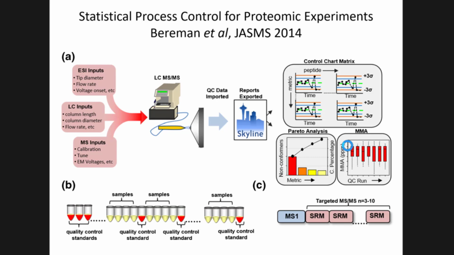When you see something go outside of those standard deviations, then clearly something is probably wrong. From those metrics it will also generate a Pareto analysis chart. This gives you an idea of which of those metrics is mostly responsible for the system going out of performance, so it breaks it down into the different categories.